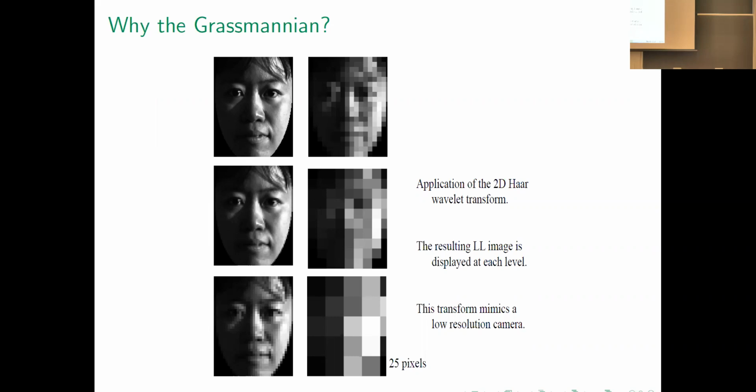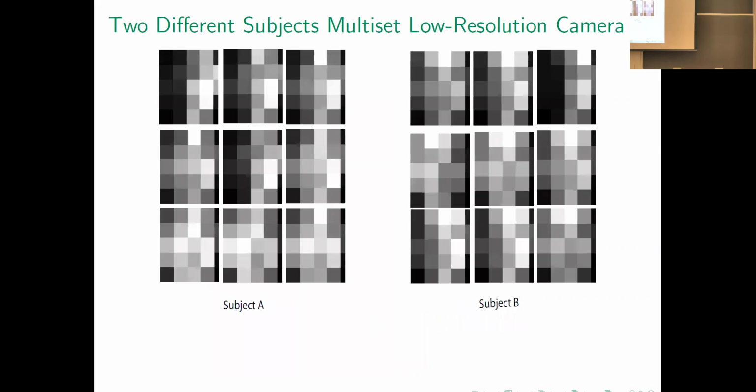But if I have a set of these low resolution images, now I'm back to how I compare a set of data to another set. These are two different people, subject A and subject B. That's a set and a set, and now I'd like to compare these two things. Well, this is really a point on Gr(9, 25).